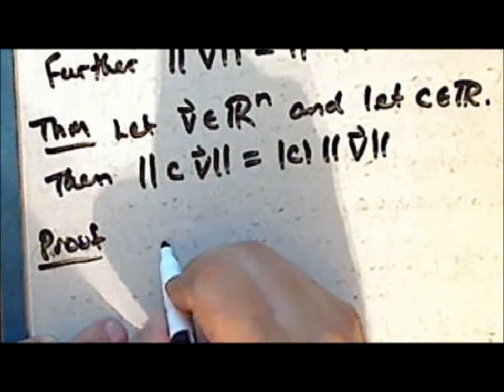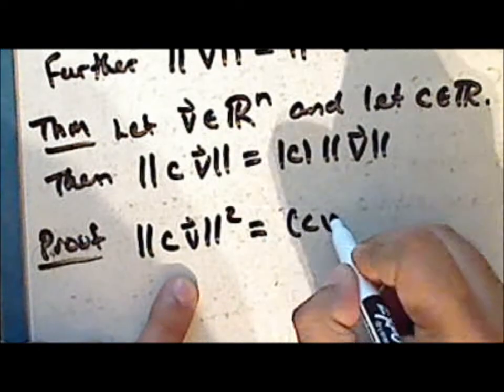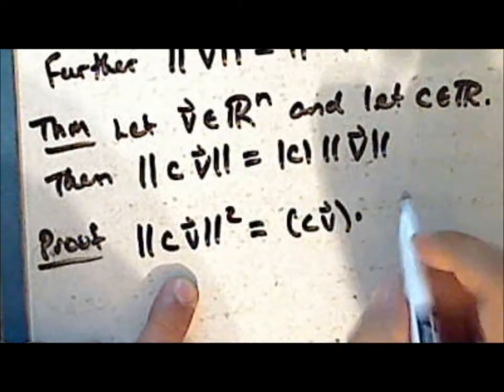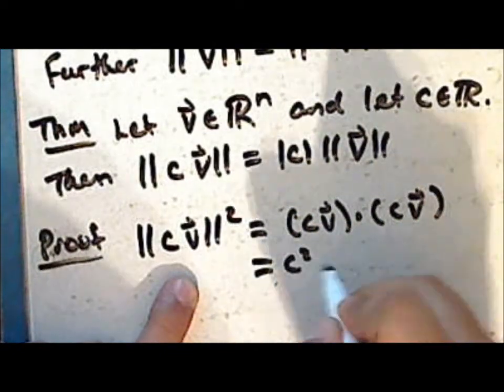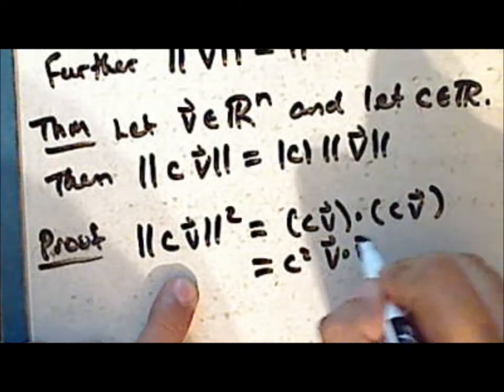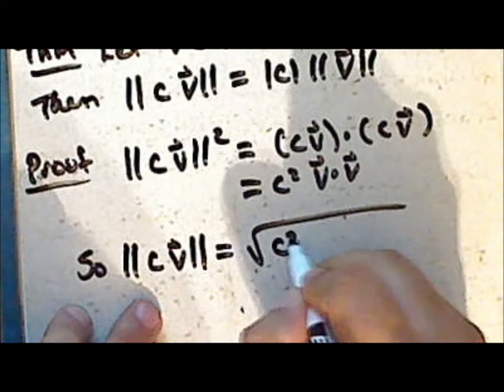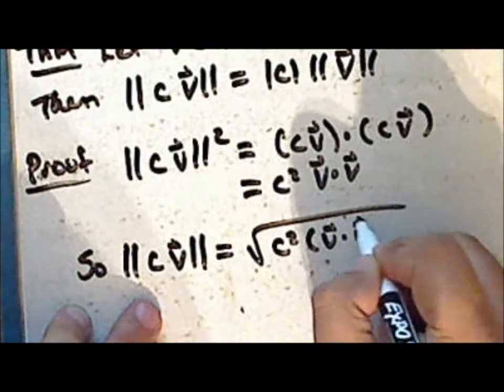So we know that the square of the norm of the scalar multiple is the dot product of the scalar multiple of v with itself. This is c squared times the dot product of v with itself. So the norm of the scalar multiple is the square root of c squared times v dot v.